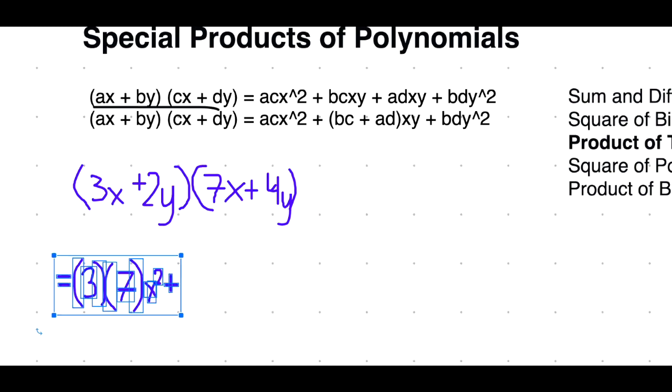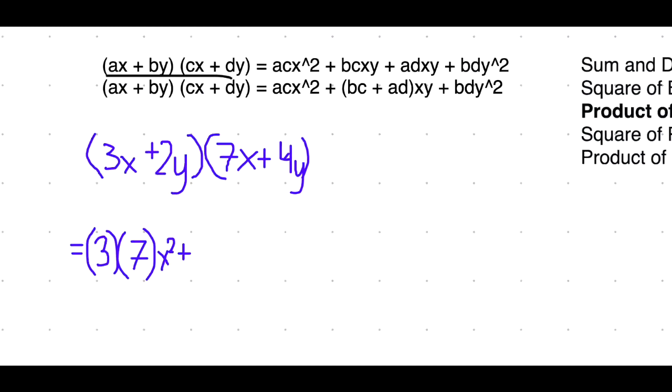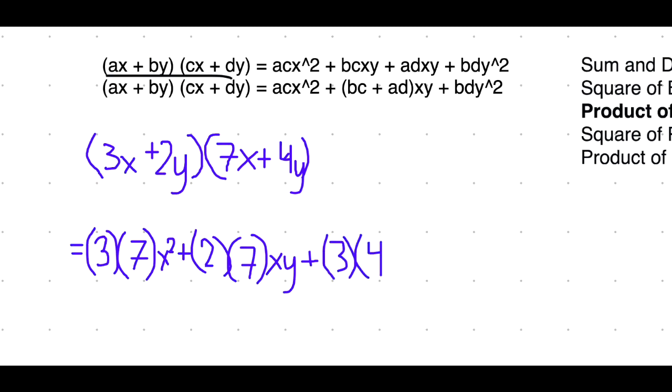Okay, so we have A times C, which in our case is 3 times 7, plus B times C, which in our case is 2 times 7, because our 2 is equivalent to the B here, and then multiplied by xy, plus ADxy, which will be 3 times 4 xy, plus BDy squared, which is then equal to 2 times 4 y squared.